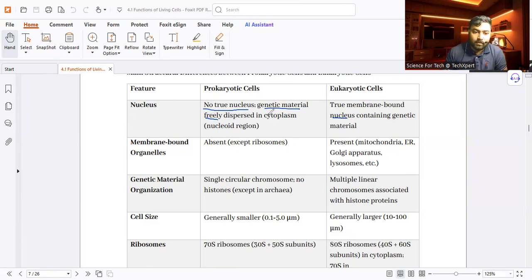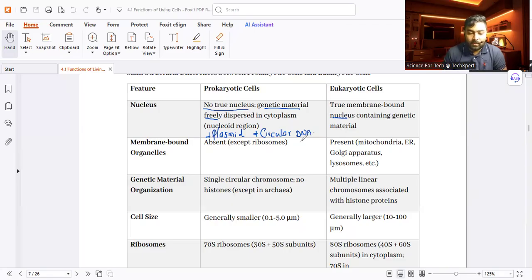Okay. In prokaryotic cells, there is something called a plasmid. This is also a kind of structure which has genetic material, that means DNA, and then there is something called circular DNA.